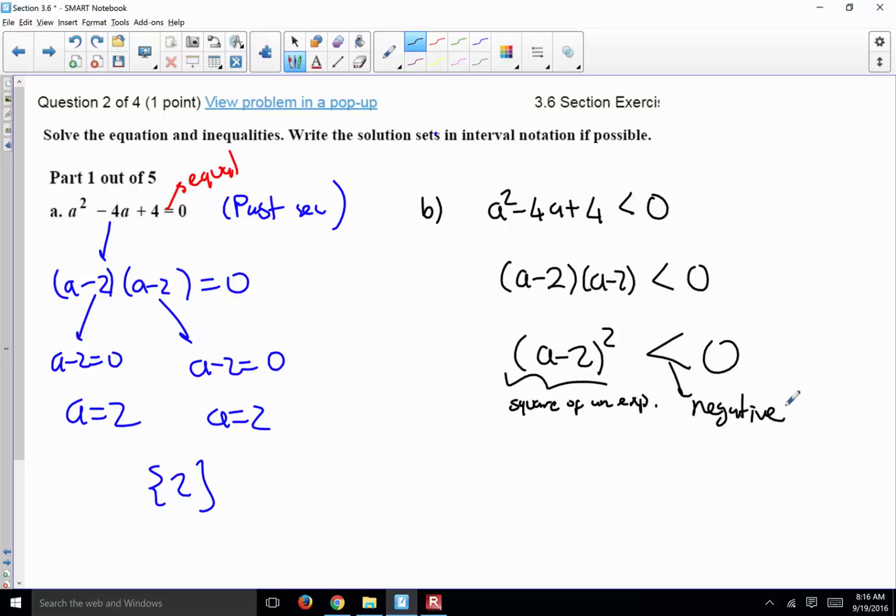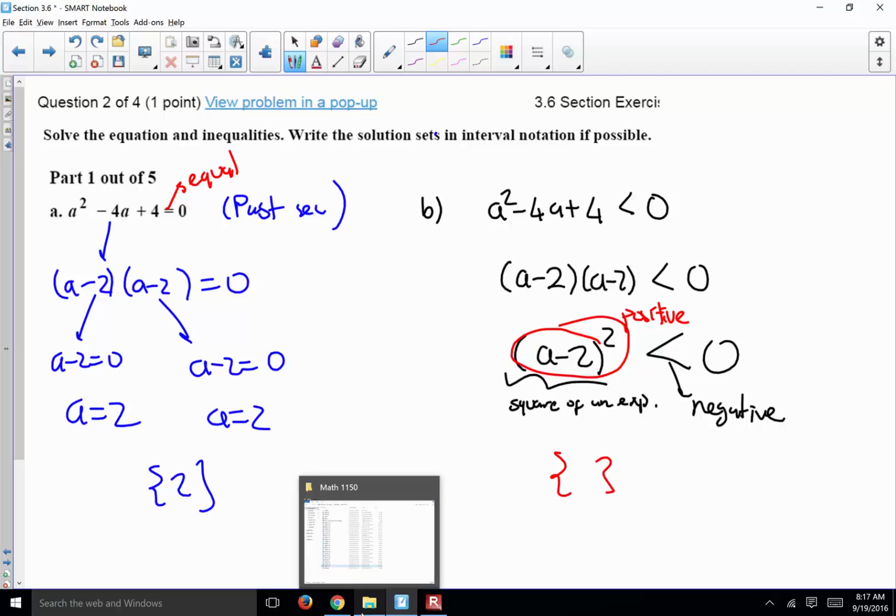What numbers do you pick, take 2 off, square it, and it becomes negative? None. The square of a number is always positive. So the solution set here is the empty set.